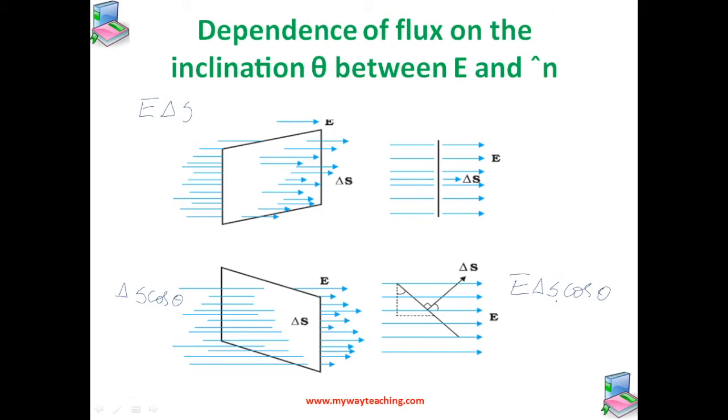But in case of a closed surface, the convention is very simple. It's not complicated at all. A vector associated with every area element of a closed surface is taken to be in the direction of the outward normal. Okay.